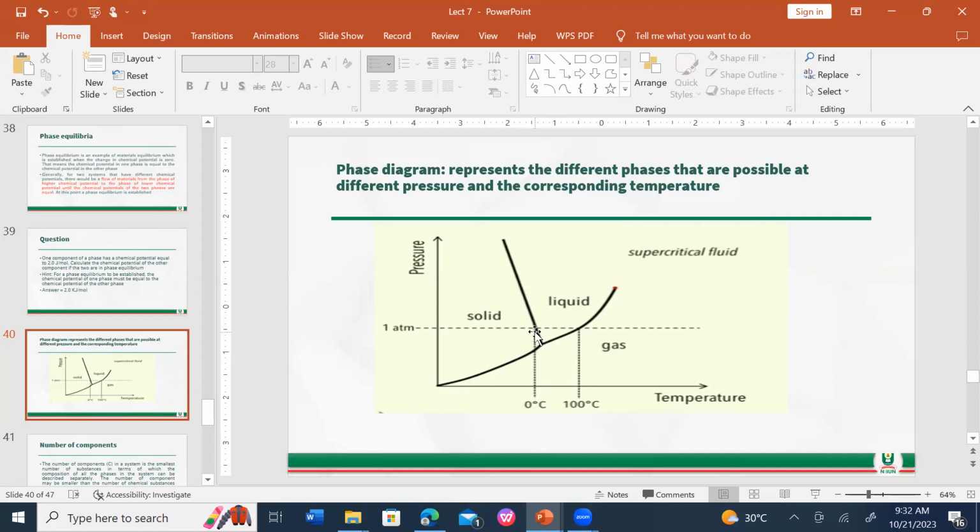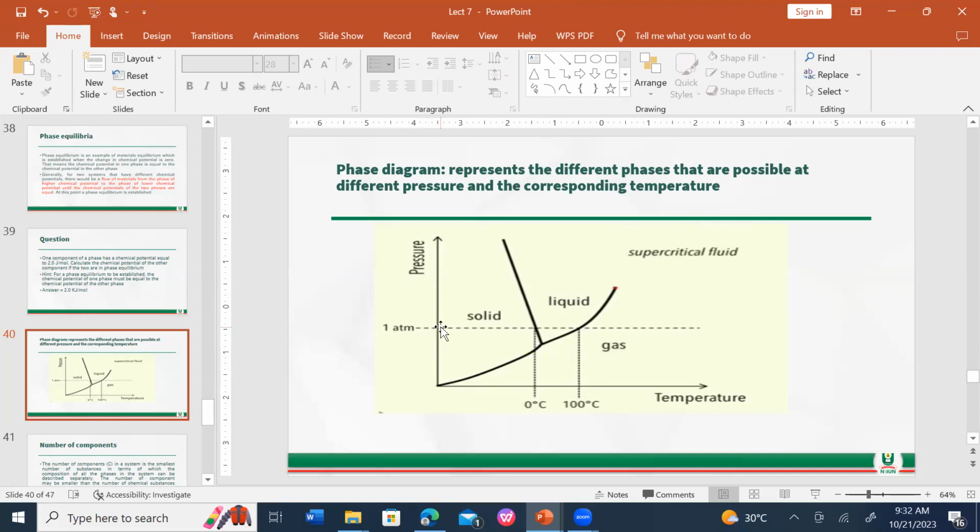Also note, the boiling point of water at 1 atmosphere is 100 degrees Celsius. When you look at the pressure on the y-axis here, that means at 1 atmospheric pressure, the boiling point of water is 100 degrees Celsius.